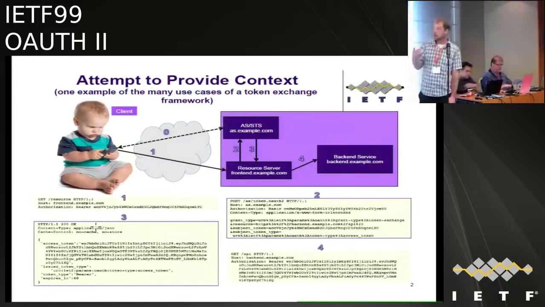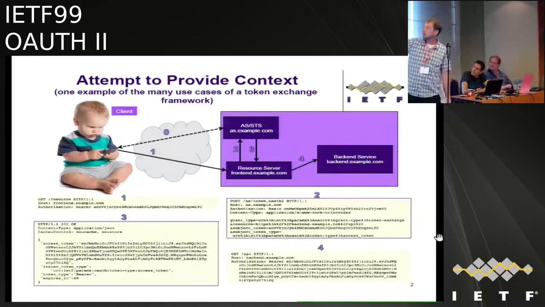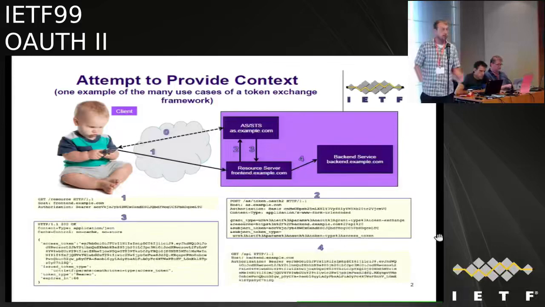And the resource server receives that, but it needs to get a new token with similar content suitable for a backend service that it has. So in steps 2 and 3, it does a token exchange here, sends that token up to the authorization server in exchange for a different token that is suitable to send to the backend server, and then passes that along just as an authorization token as well. This isn't the only use case, but it's one that's enabled by this protocol and is pretty common.